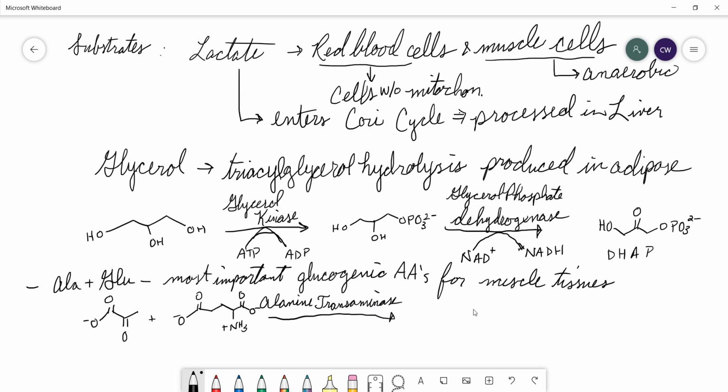And that gives us another amino acid, which I expect you to identify in the comments, what the product amino acid is. And it gives us our alpha ketoglutarate.